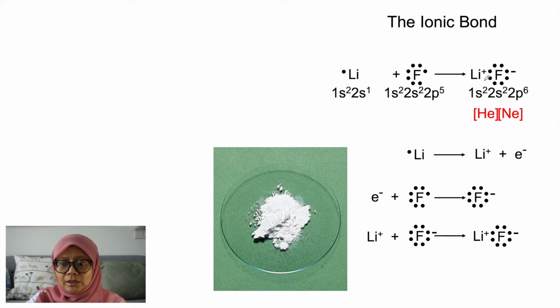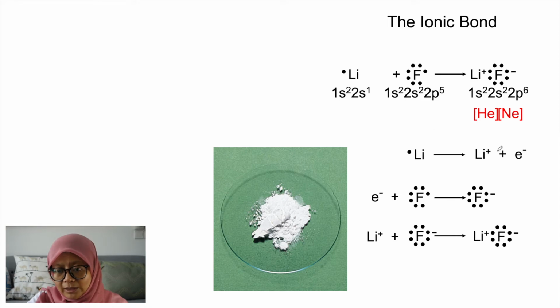So here we have a lithium cation and also a fluoride anion, one positive and one negative. Overall, lithium will be left with 1s2, while fluorine will have a fully filled electron configuration, which is 1s2, 2s2 and 2p6. It goes from 1s2 2s2 2p5 to 2p6. So this is the transfer of electrons.